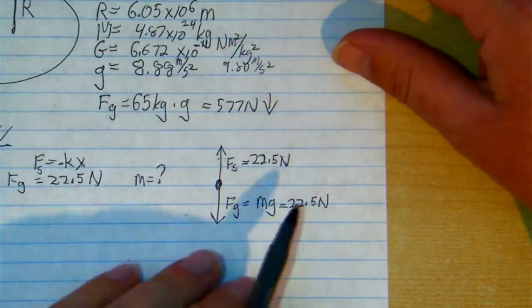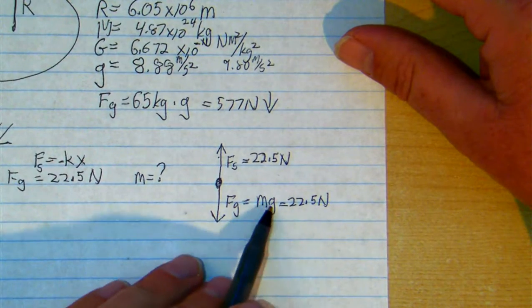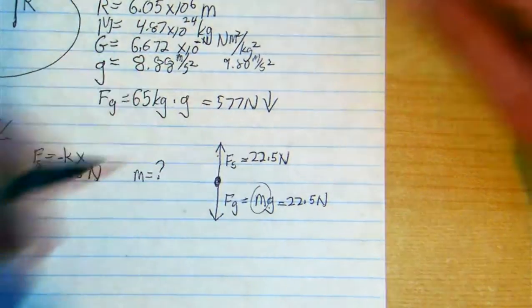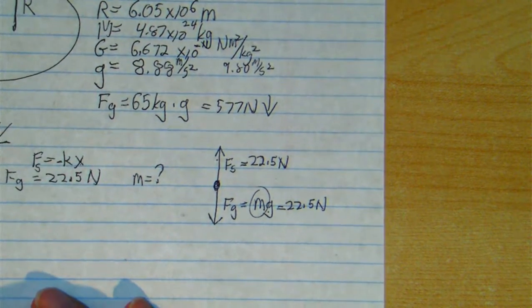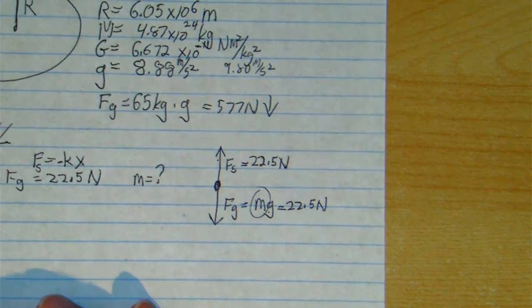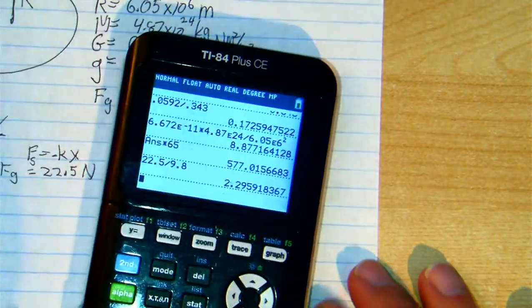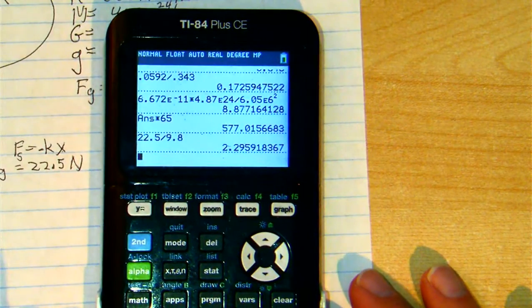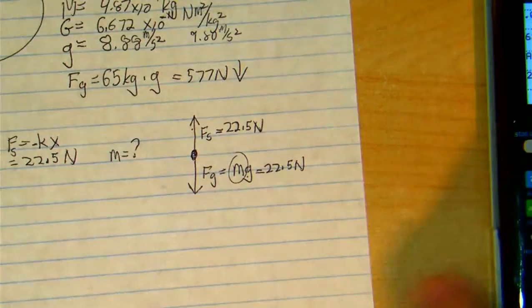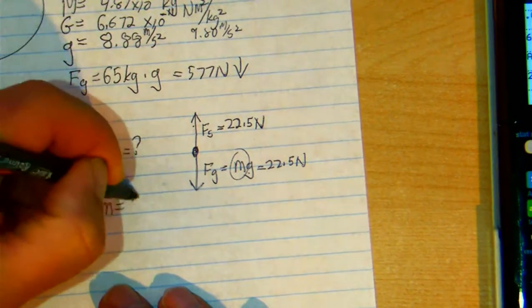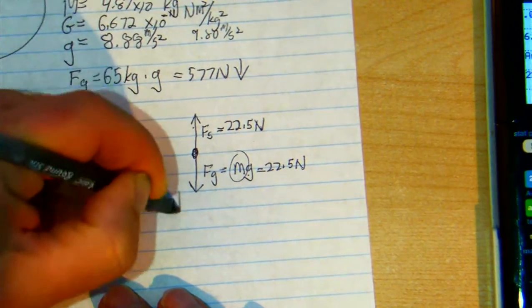And if you know that the weight is 22.5 newtons, you assume it takes place on planet Earth, you can now rearrange the equation to solve for mass. 22.5 divided by 9.8. Enter. The answer is 2.295918367, which I would round off to 2.30 kilograms.